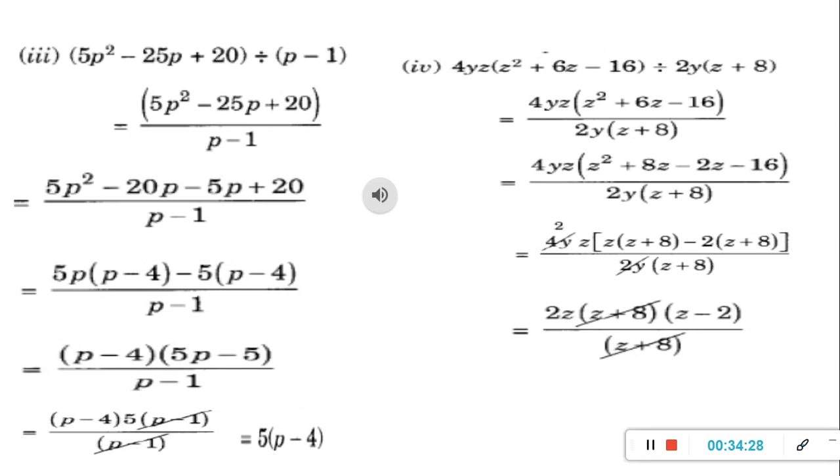Okay. Then 2y is there in the denominator, that can be cut in 4y 2 times. y also will cut, 4 also will cut. So what is remaining there? 2z. Now z plus 8 is there up and down, that also cancelled. Now last, what is remaining there? 2z into z minus 2. That is our answer. Okay.